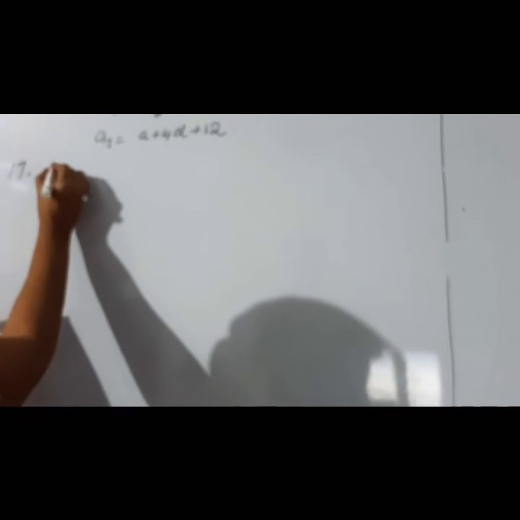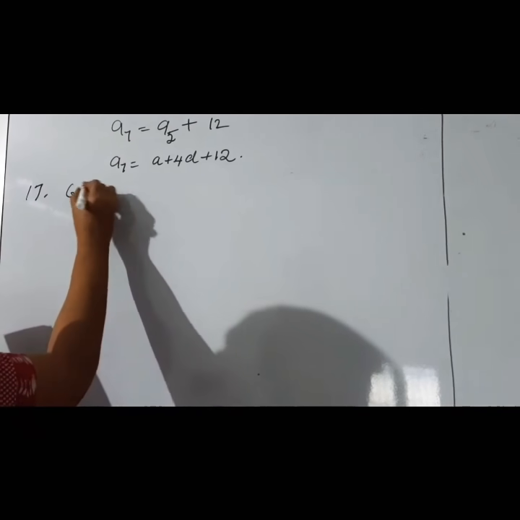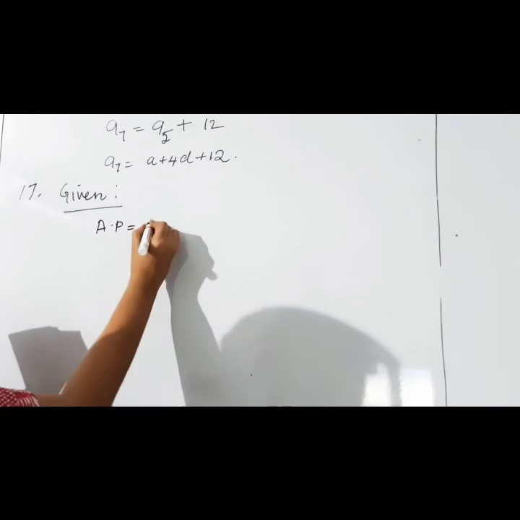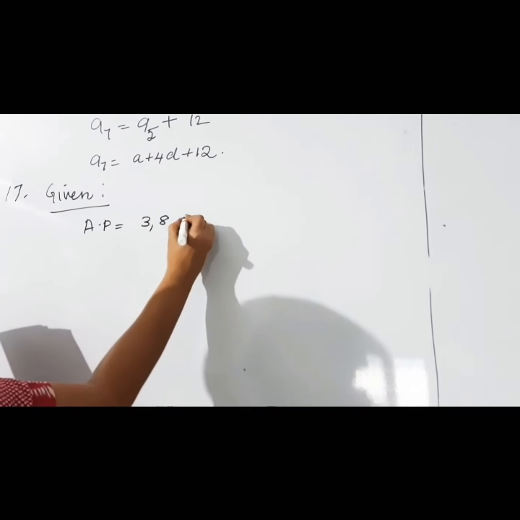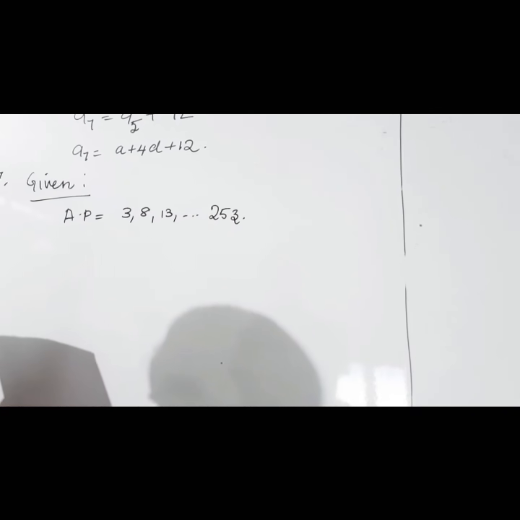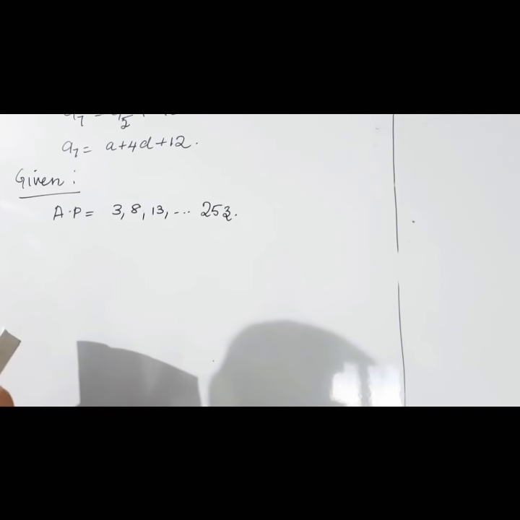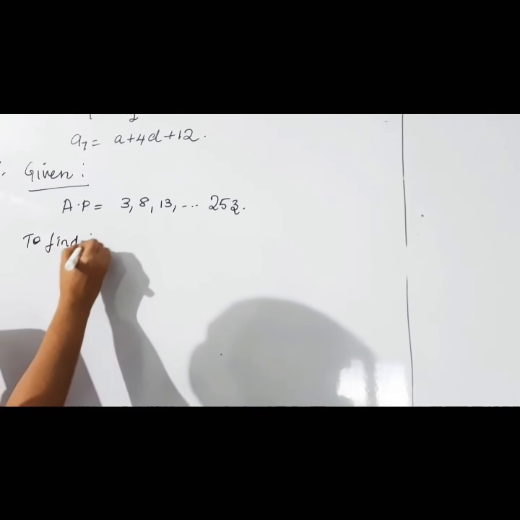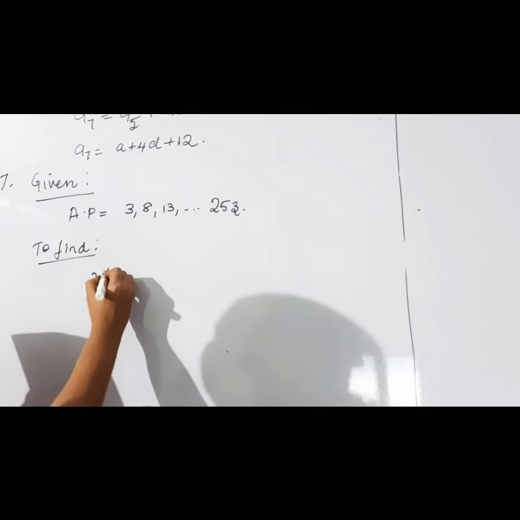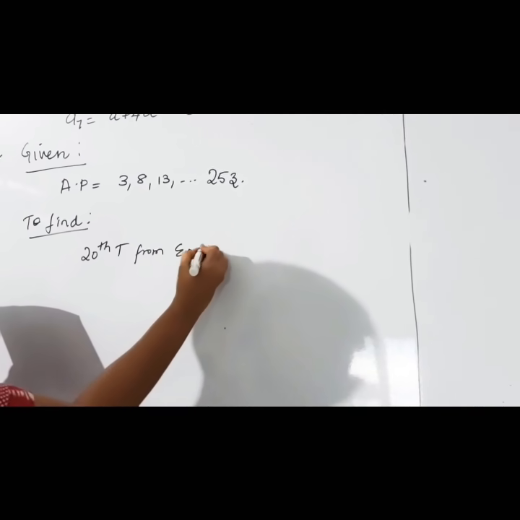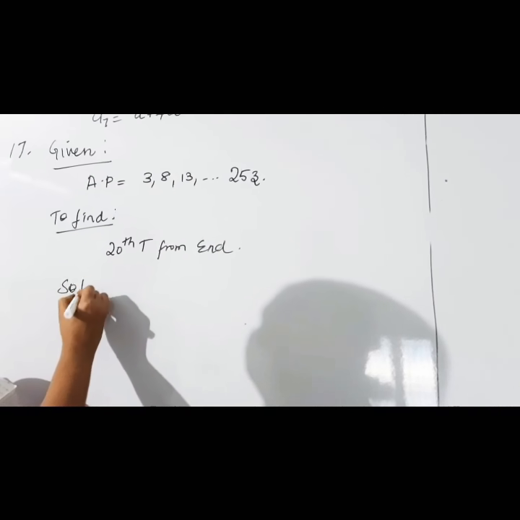So what is given in question number 17? They gave you the AP, which is 3, 8, 13, and so on, up to 253. What do you want to find out? You want to find out the 20th term from the end, that is from the last.